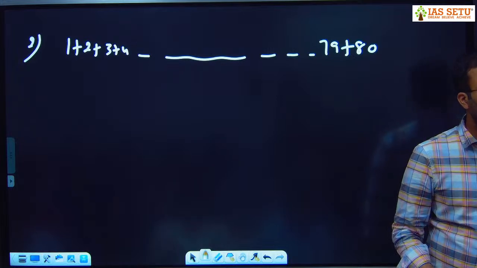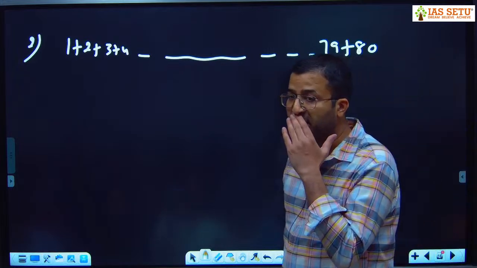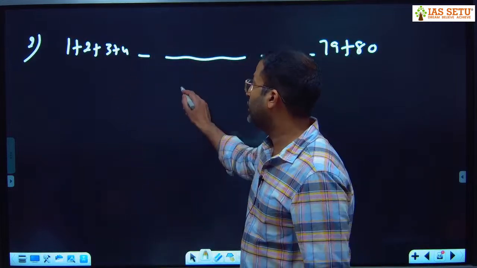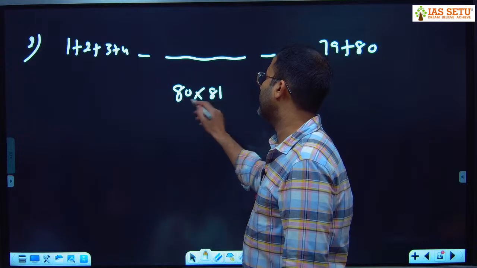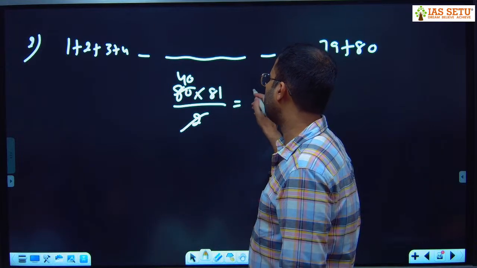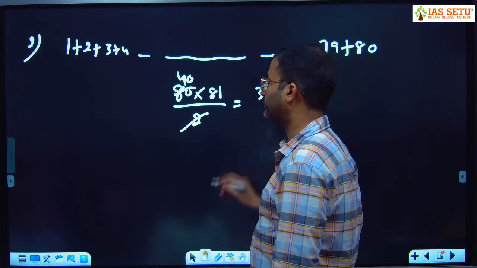Done? What is your answer? 3240. So it is 80 into 81 divided by 2. So here you multiply 40 into 81, 3240.